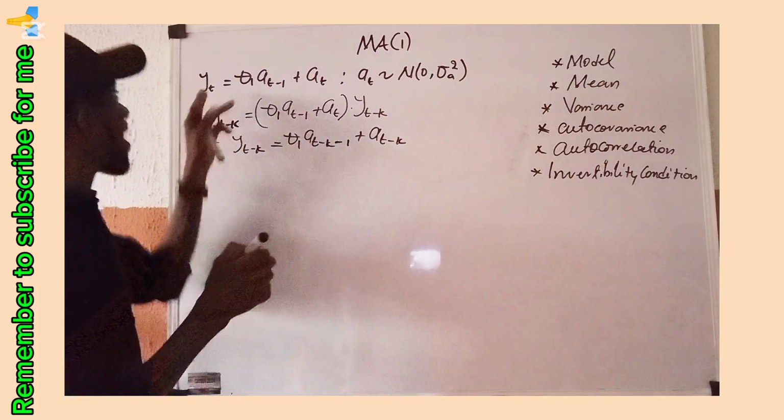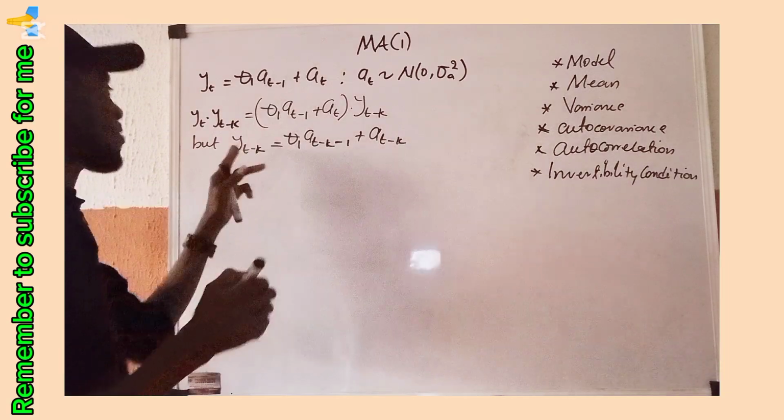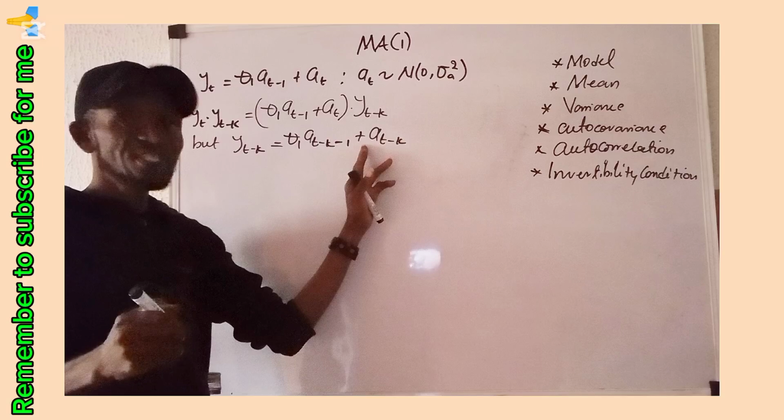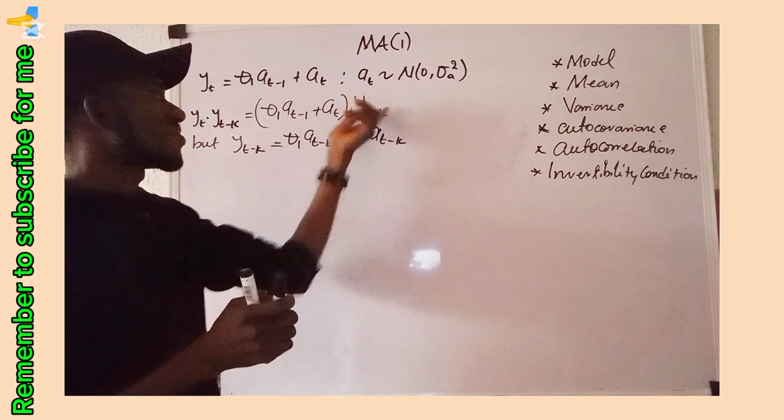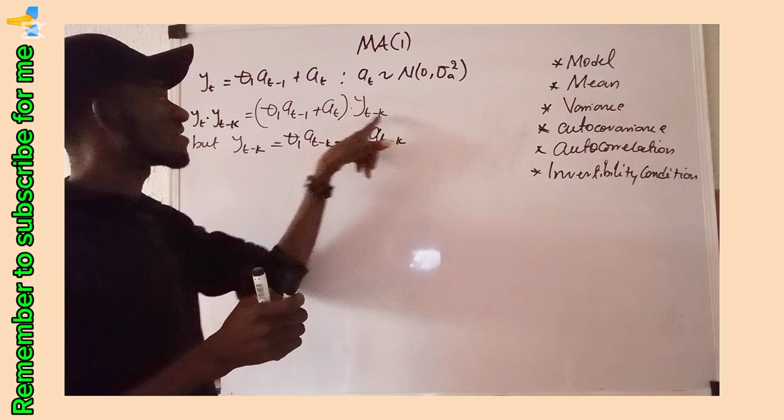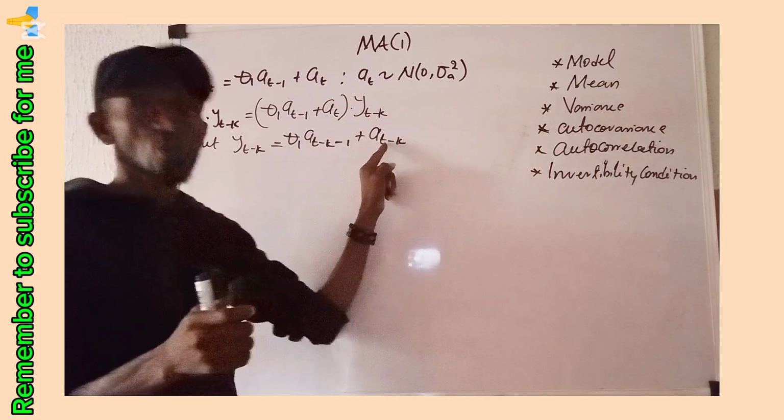So if you write y of t this way, y of t minus k will be written this way. Wherever I see y of t minus k, I will replace it with this quantity.